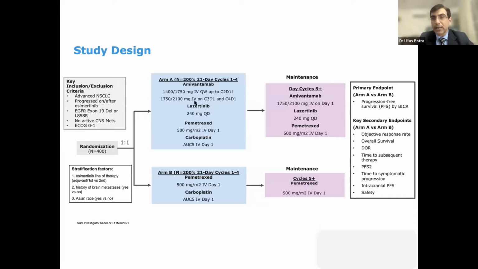Otherwise, tissue biopsy can be tried, just to rule out a small cell lung cancer transformation. Dr. Rosario, your comments on that? Yeah, I absolutely agree. I think that if you get something from liquid biopsy it is enough, but if you don't, you should confirm. And also, I think you need to consider the kind of progression.